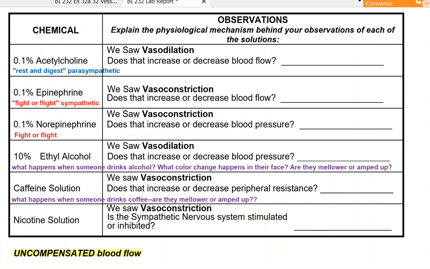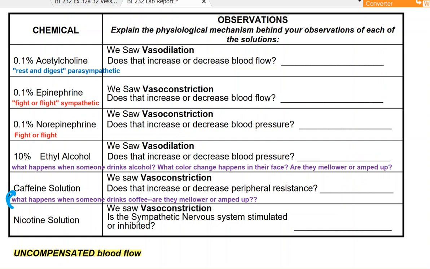I've added a couple of questions that might help you here. When you drink alcohol, what happens to the color of your face? Does that give you any clue? That's kind of mimicking what their results were. Are they mellower or amped up? I ask that to draw these contrasts between parasympathetic and sympathetic.